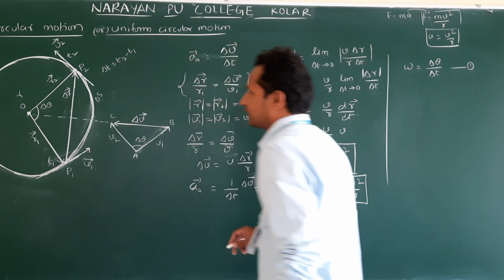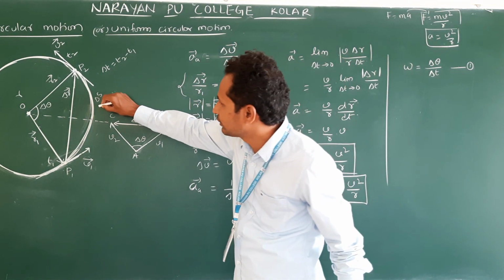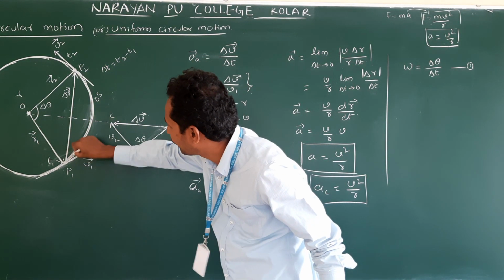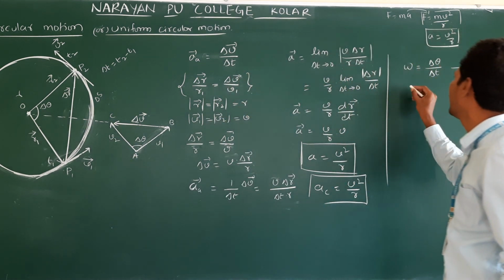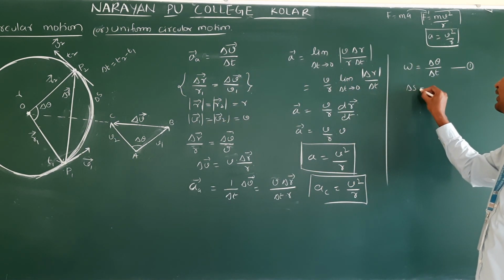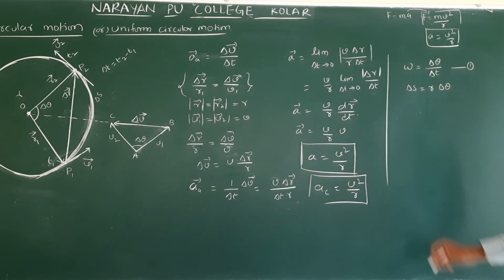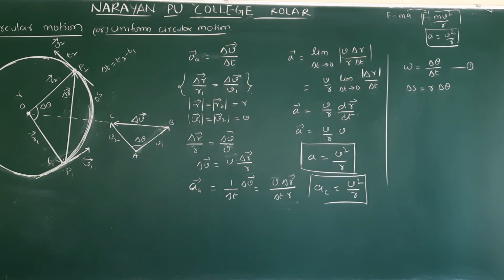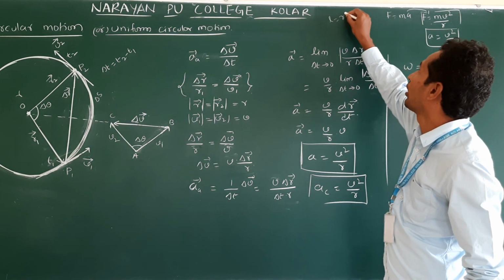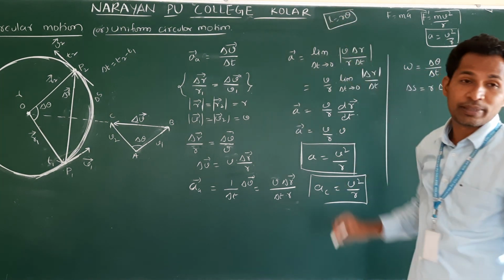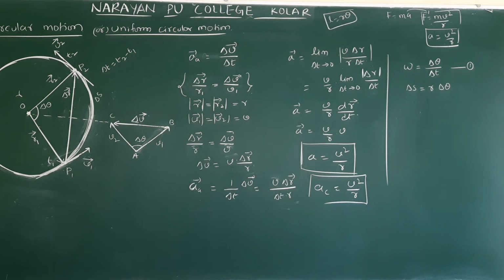delta S, the change in path followed. How do we write it according to mathematics? Delta S is equal to R into delta theta. According to the radian definition, you have seen L is equal to R theta in trigonometry. Clear?